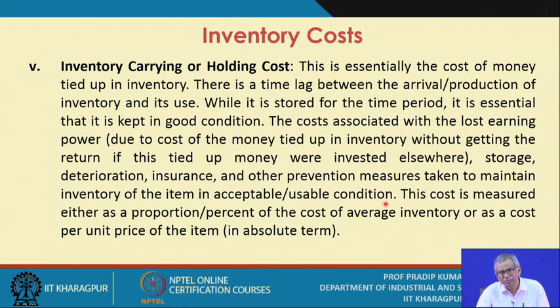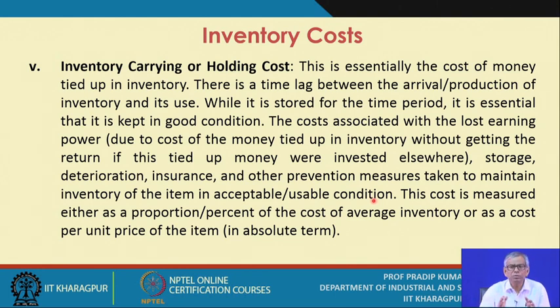I keep the item, it will be used after say 1 month. Then make sure that it is kept in such a condition that the economic value of the inventory is not lost. So for that, certain costs you have to bear.